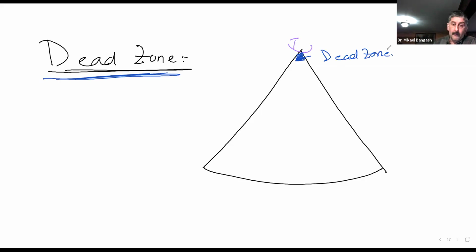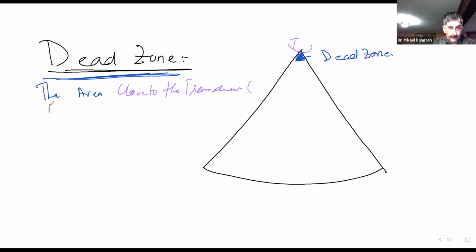And what is it that we have in the dead zone? We can mainly say the area, and if we look at it, which is going to be close to the transducer, or rather, as you may see, at shallow depths.